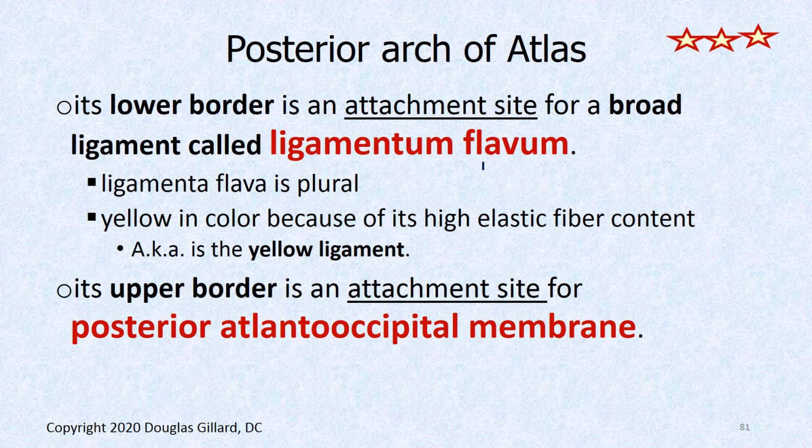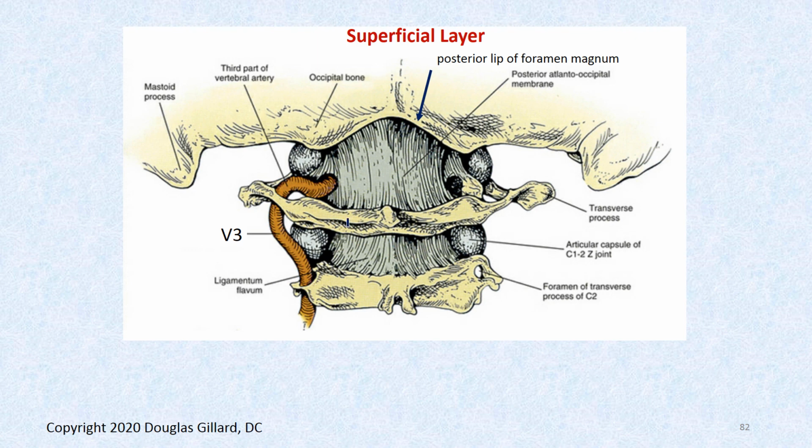That's the last of ligamentum flavum. And the upper border has, we've been talking about this, the posterior atlanto-occipital membrane. So here's C1, here's the inferior border, and that's the last ligamentum flavum. The last ligamentum flavum is between C2 and C1.